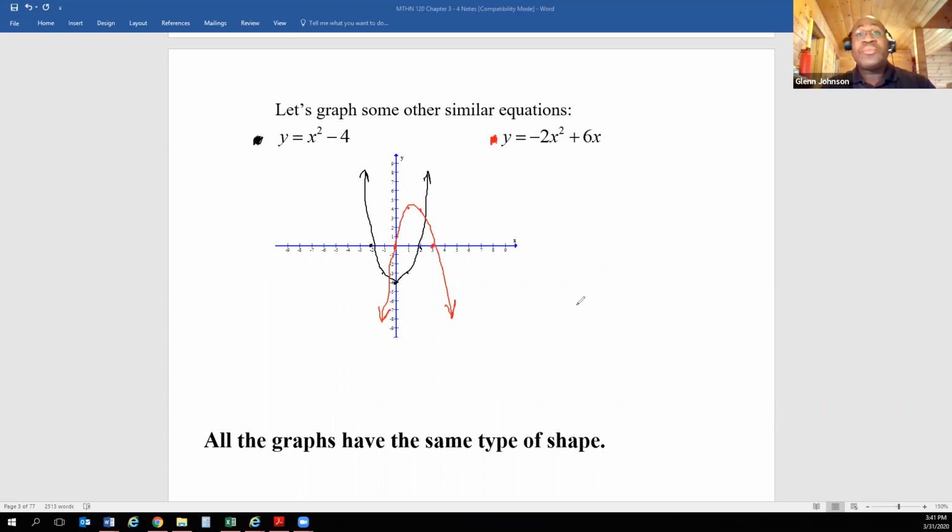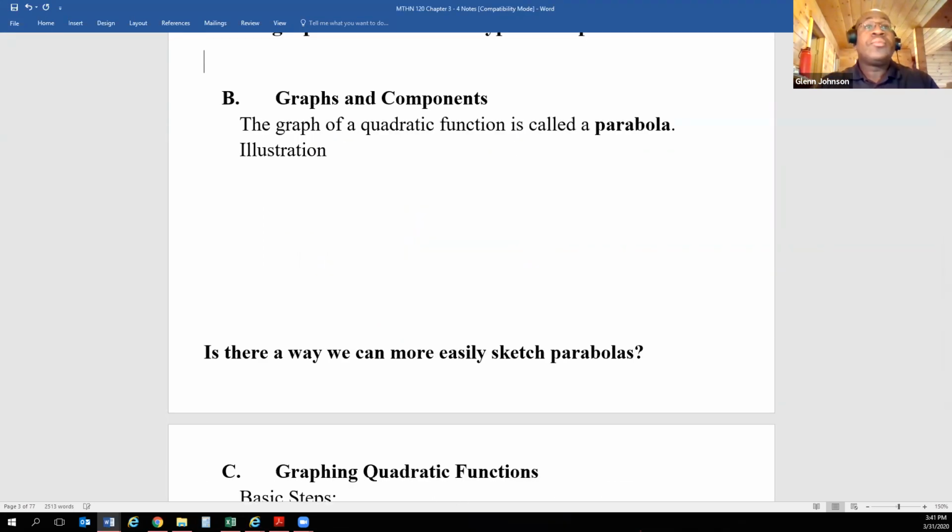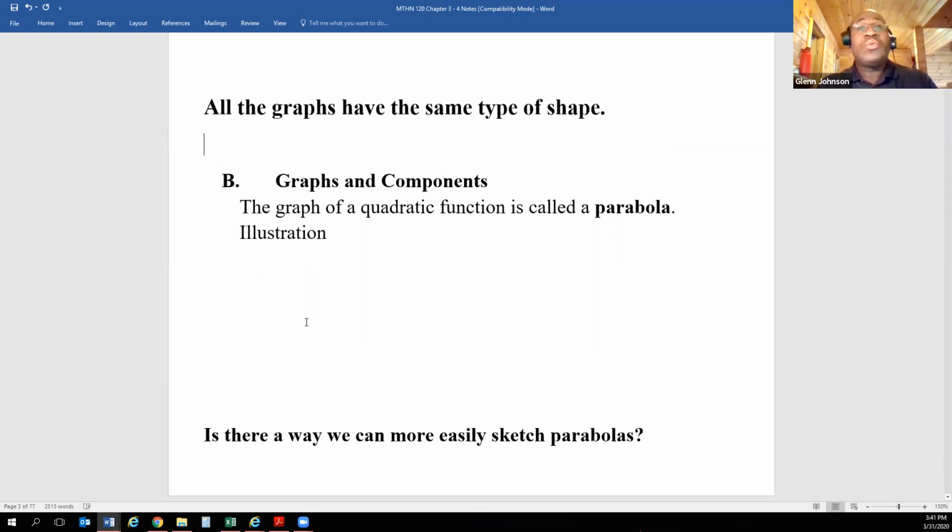And in fact, because all the shapes look the same, we have a specific name for the graphs of all quadratic functions. We refer to these as parabolas. The graph of a quadratic function is what we call a parabola. Now, as a quadratic function, parabolas are going to have one of two basic orientations.